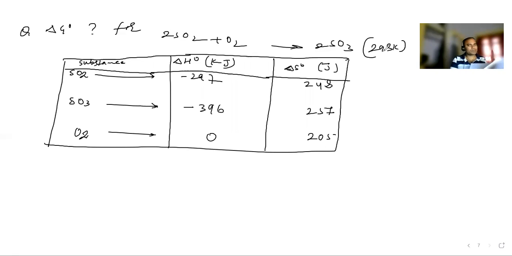Then delta S: 2 times 257 for 2SO3, minus 2 times 248 for SO2, plus 205 for O2, so the answer is minus 187.